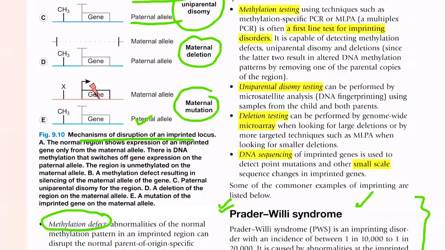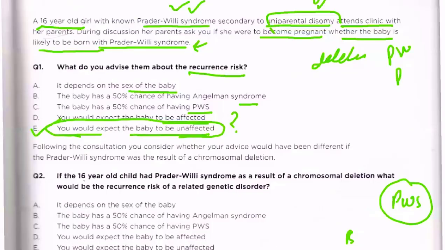Okay. Now read the case that they have told. This is a case of imprinting disorder that is due to uniparental disomy. So it means this is a case of Prader-Willi syndrome. This is from the mother chromosome that is normal, and this is uniparental disomy. It means she is not having father chromosome number 15.